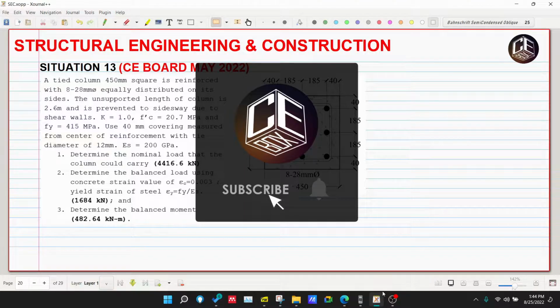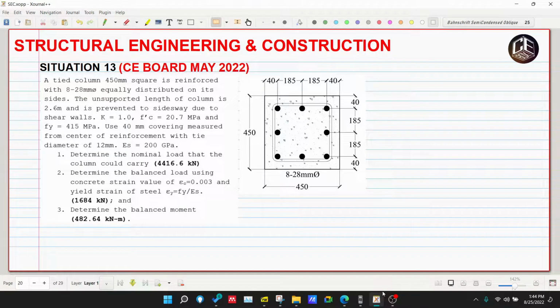A tied column 450 mm square is reinforced with 8 28 mm diameter bars equally distributed on its sides. The unsupported length of the column is 2.6 meters and is prevented from sidesway due to shear walls. A is equivalent to 1.0, f'c is 20.7 megapascal and fy is equivalent to 415 megapascal.